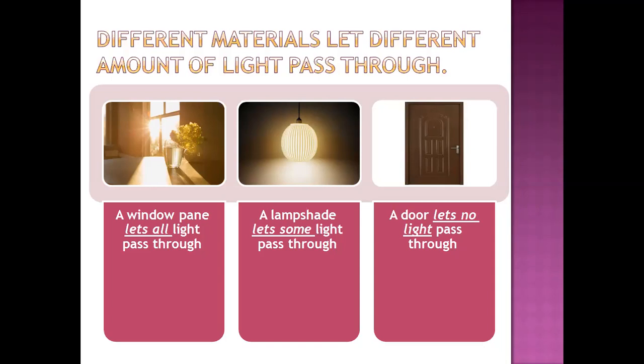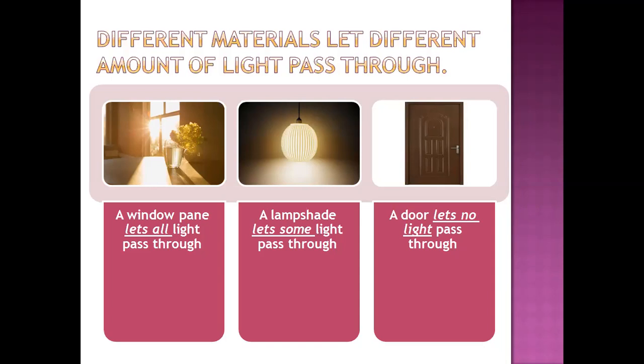So the window pane lets all the light pass through to reach the cup that has a plant, because the window is all made from glass. So the window pane allows all the light to pass through. Okay.